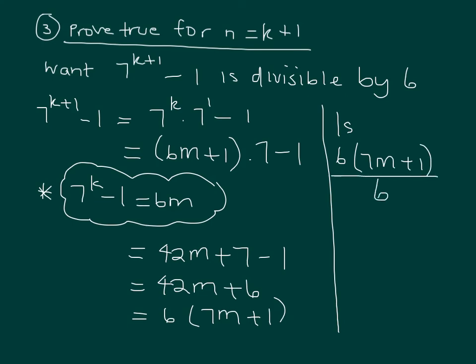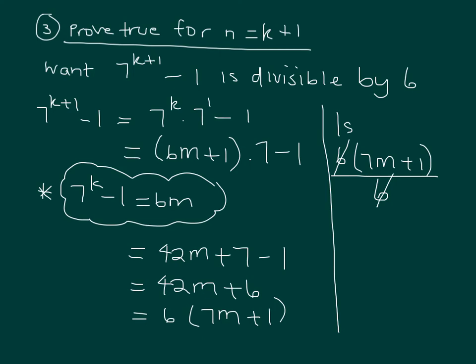Well I can. 6 divided by 6, that's gone. So that's okay. The question is, is this an integer? Because for divisibility, it has to be an integer. Well, this is an integer because the way we set it up was that m was an integer. So m times 7 is still an integer, and add 1.